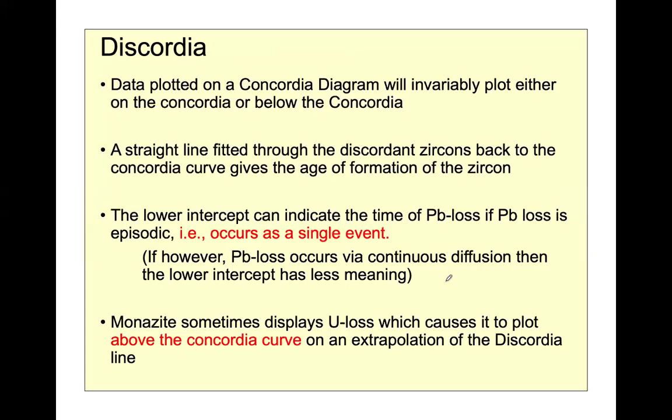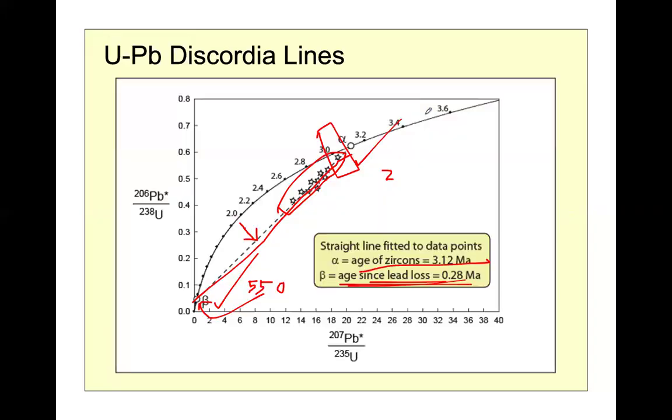Right. So this discordia is also important, so we have some important points to note. It is plotted on a Concordia diagram and invariably plots either on the Concordia or below the Concordia, because sometimes you might have a discordia very close to the Concordia line, right?